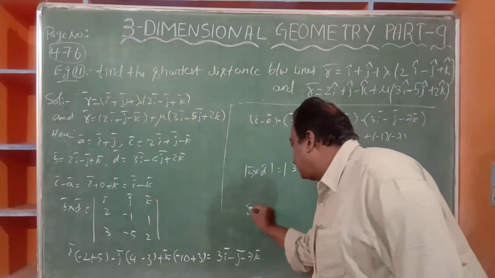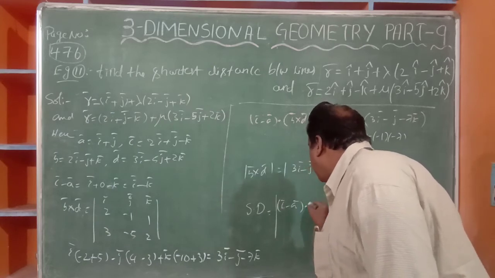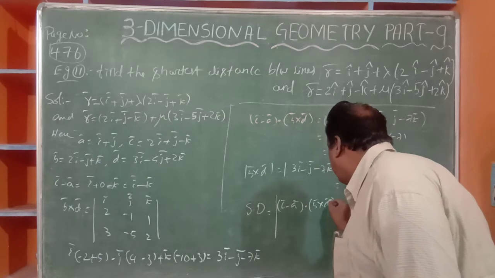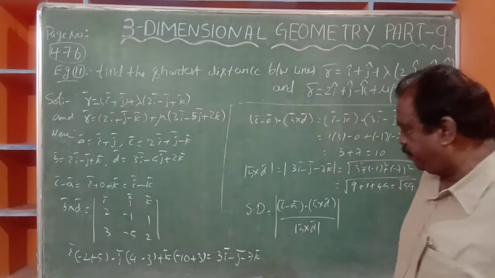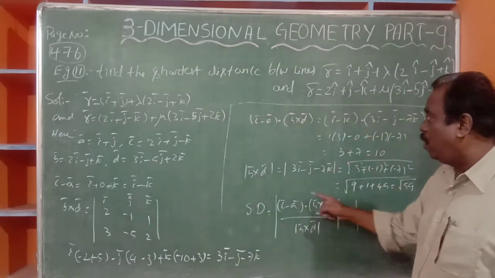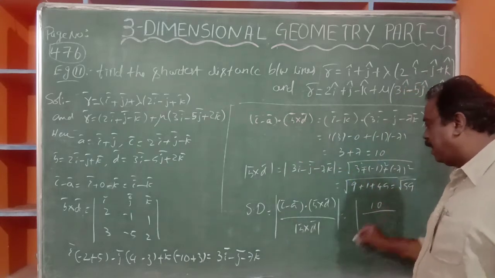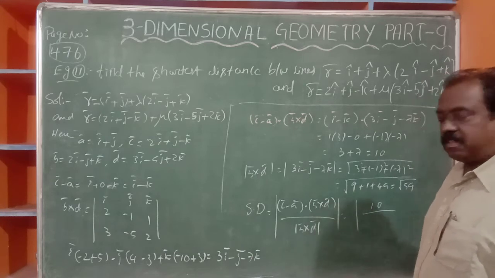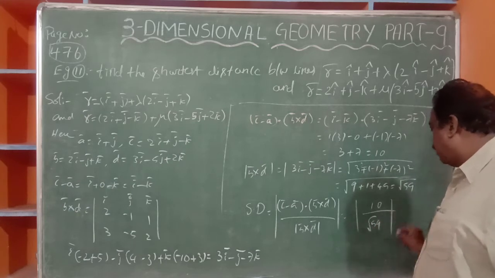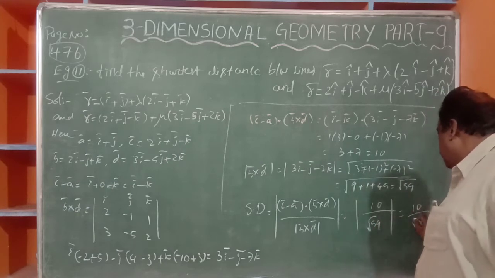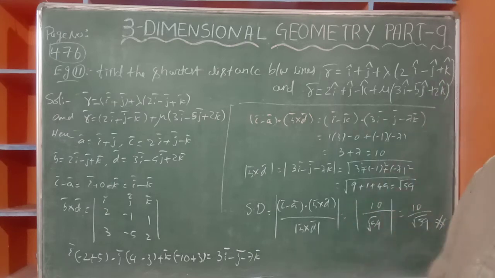Now, the shortest distance is C minus A dot B cross D by the modulus of B bar cross D bar. We completed it: the numerator is 10, and the denominator is root 59. So it is 10 by root 59 units. That is the shortest distance.